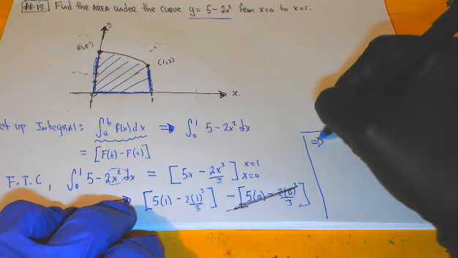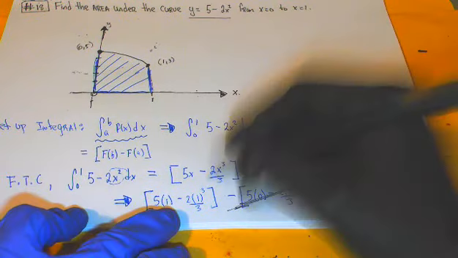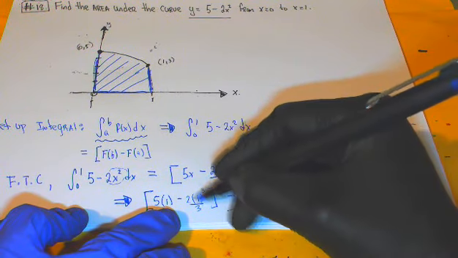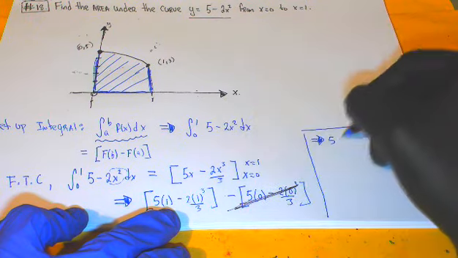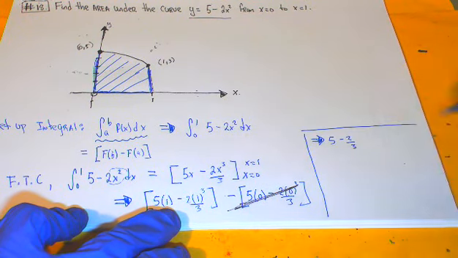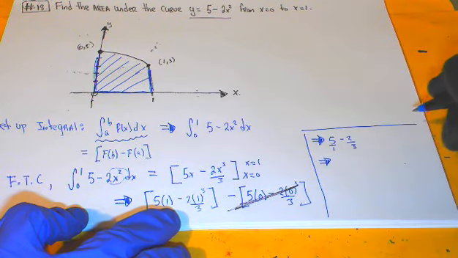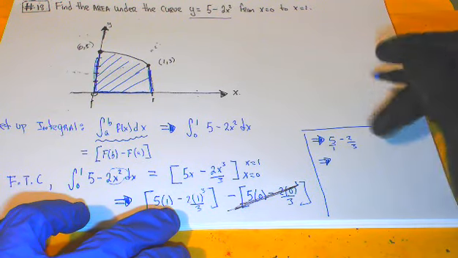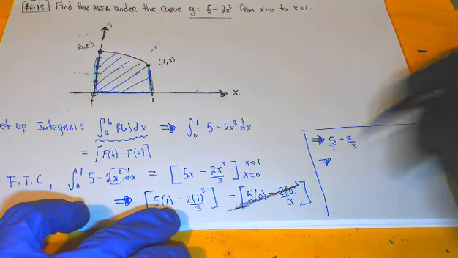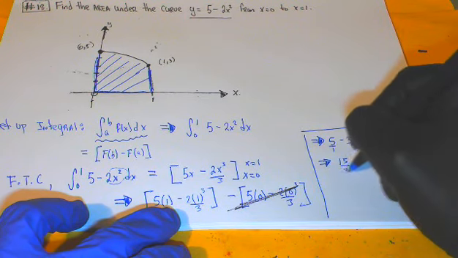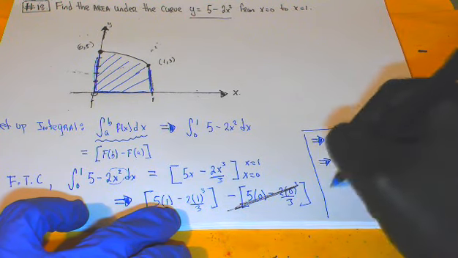5 times 1 is 5, and 1 cubed is 1, so we have 5 minus 2/3. You can rewrite this as a single fraction by writing 5 as 5 over 1. Find the LCD, which is 3, so you have 15 over 3 minus 2 over 3.